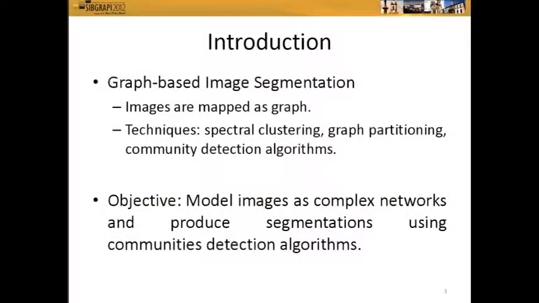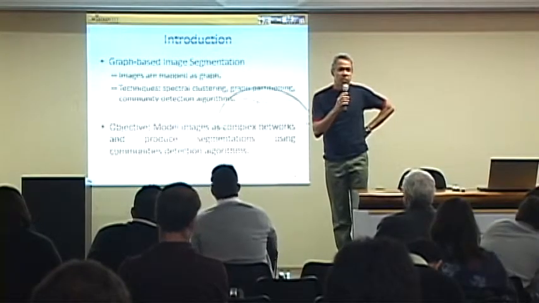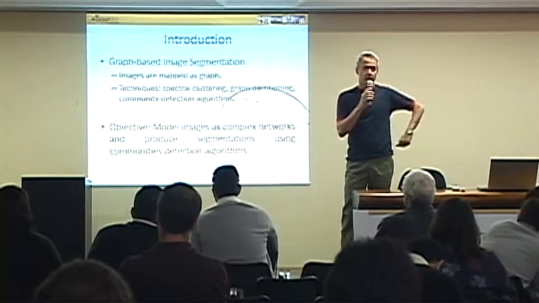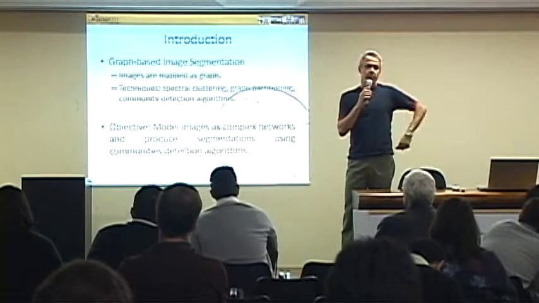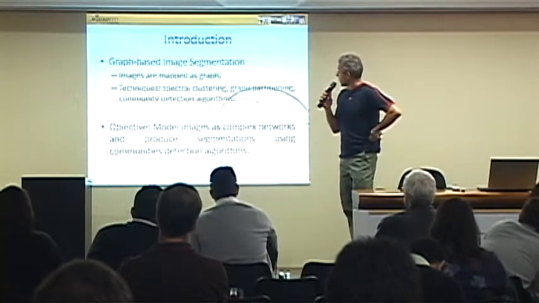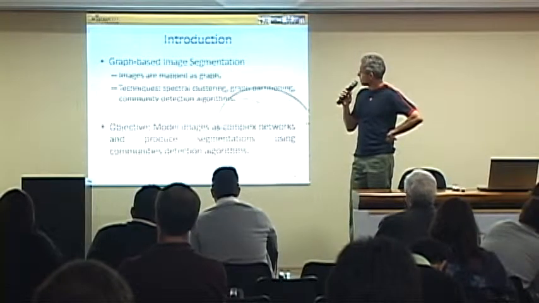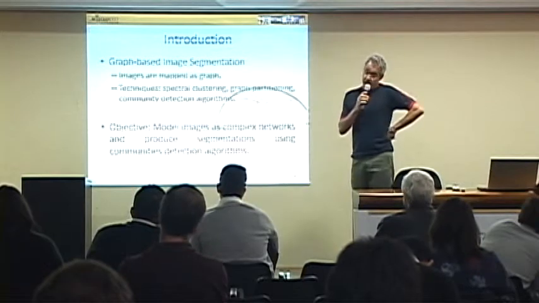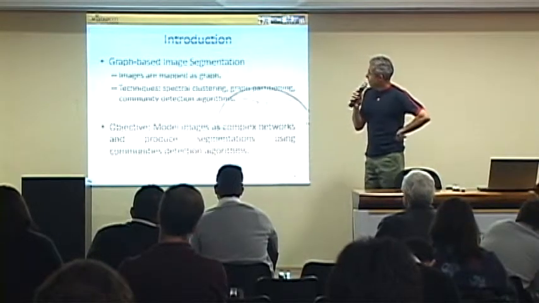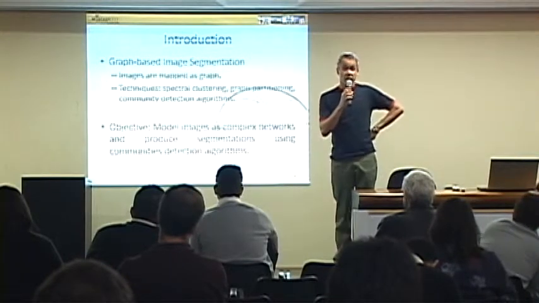Graph-based segmentation is not actually a new thing. There are in the literature many techniques which consider modeling an image as a graph and then provide some segmentation of some sort. Among the techniques I could point out spectral clustering, graph partitioning in general, and algorithms which are designed specifically for detecting communities.